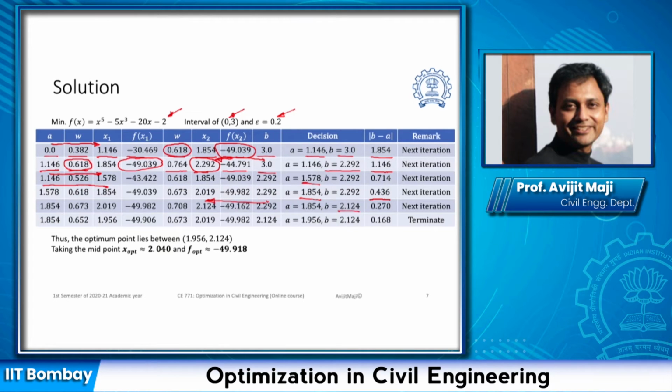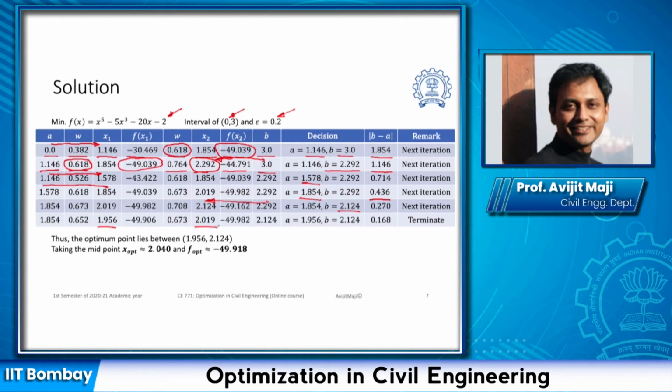So this is my revised upper boundary. With this revised upper boundary, if we go to the next iteration, we will see that the 2 points which we have are 1.956 and 2.019.